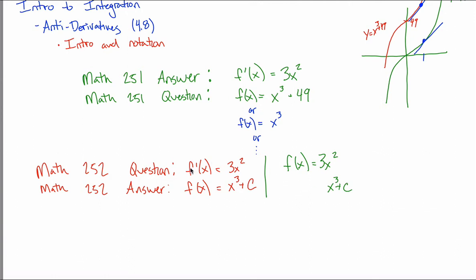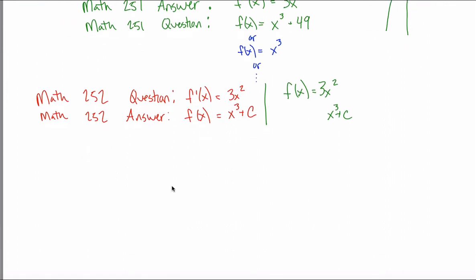But what I'm saying is, if the question didn't denote this 3x squared was the derivative, but instead denoted this 3x squared was the function, what would you put here? What symbol would you put here to make it clear to the reader that you're taking an antiderivative? I get it that the derivative of this function, we write that as f prime of x. So therefore, by default, f of x is the antiderivative of f prime of x. But my question to you is, what is the antiderivative of f of x?